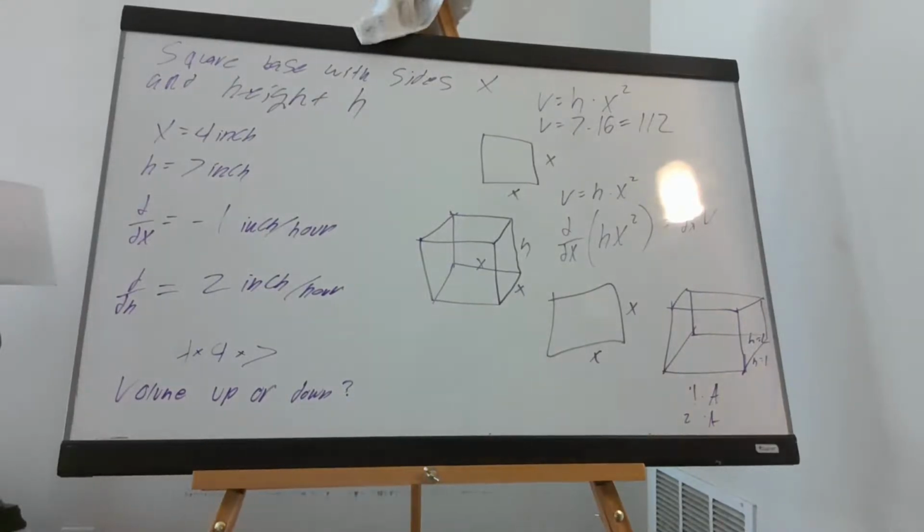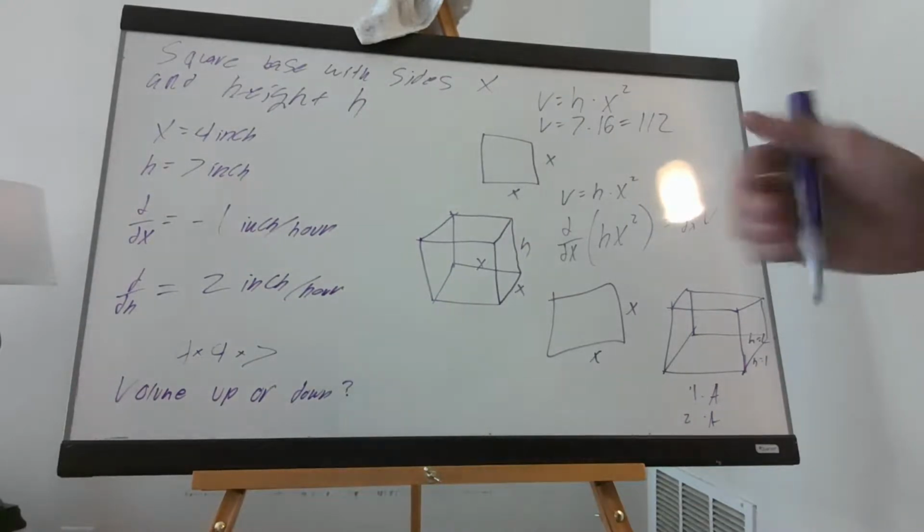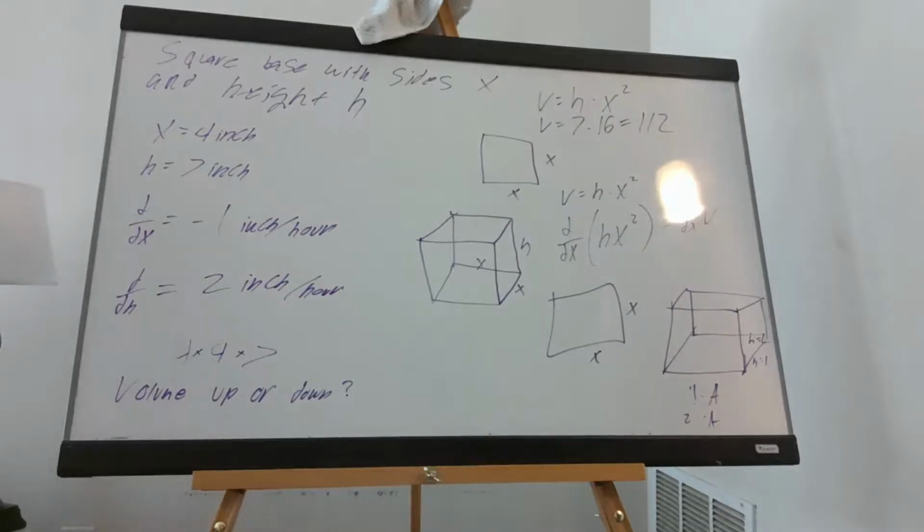So this is more of a logic problem than it is a related rates problem. Is volume going up or down at 4 by 4 by 7 with a height of 7? The next time, it will go to 3 by 3 by 9.